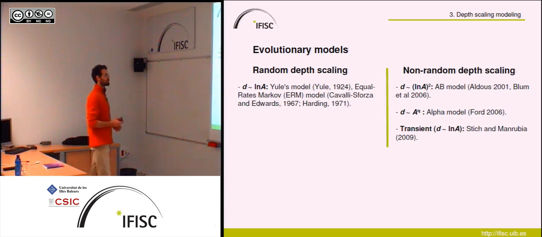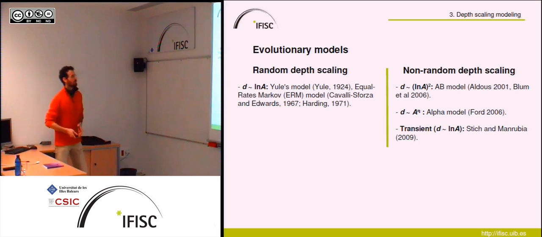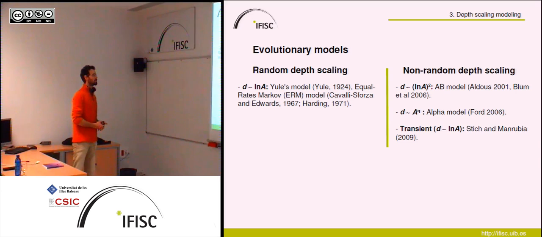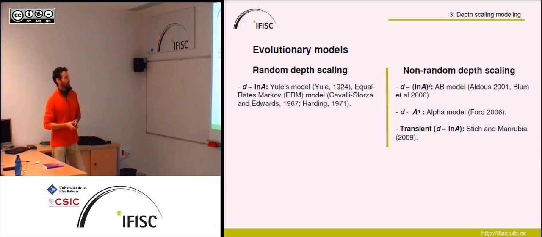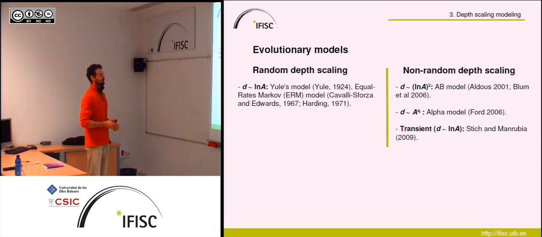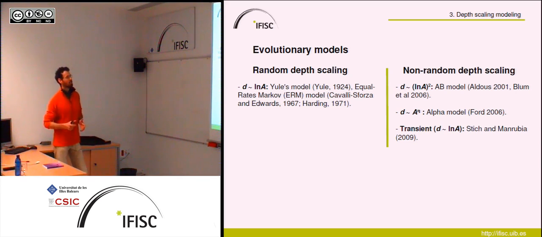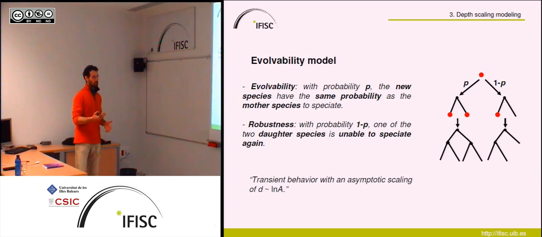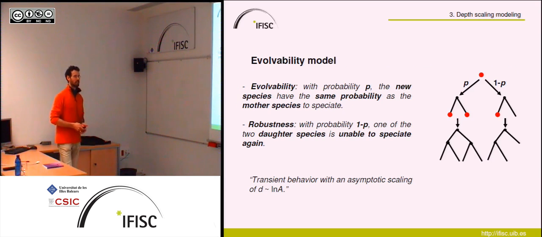And some years ago, Stadler and Rubia proposed an alternative explanation, claiming that the non-random scaling of real phylogenetic trees is related to a small size transient effect, where for large sizes of the phylogenetic trees we will observe the logarithmic scaling again.